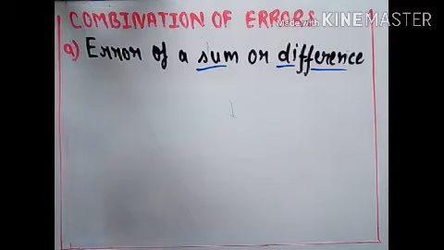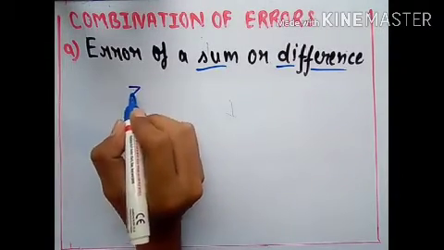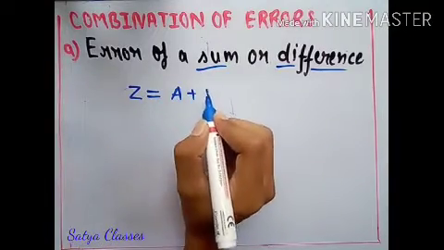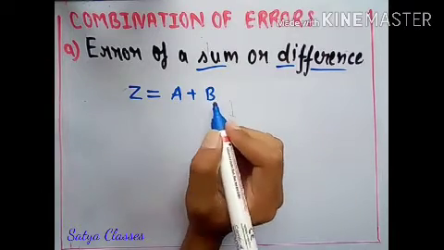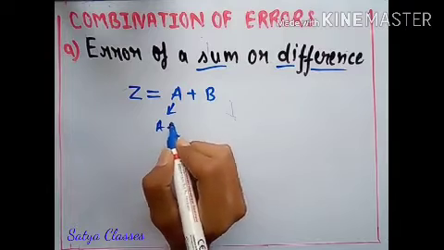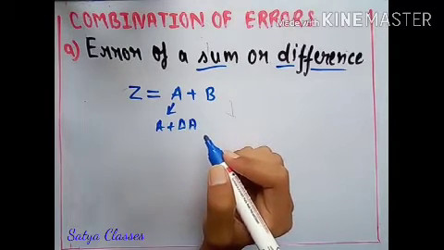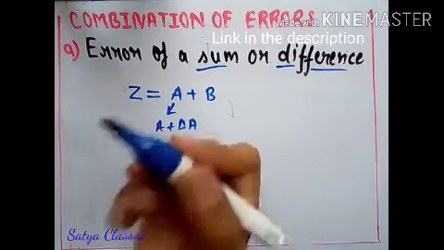So let us begin. Suppose that we have a quantity z and it is the combination of other two quantities a and b, and the measurement of a is a plus delta a. I told this in my previous videos, and those videos are really required to understand this one.